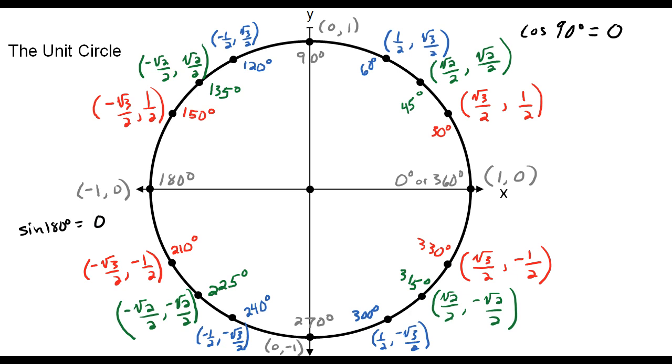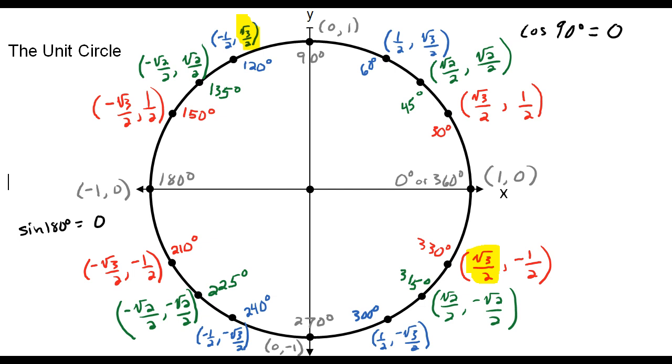If I ask you just a few questions, if I say, okay, find what's the sine of 120 degrees? The sine of 120 degrees is the y-coordinate right there, radical 3 over 2. If I say, what's the cosine of 330 degrees? The cosine of 330 degrees is radical 3 over 2. What if I say, what's the tangent of 225 degrees?